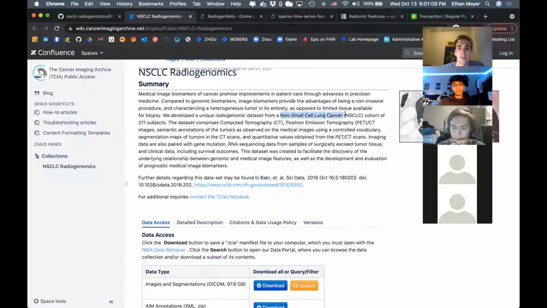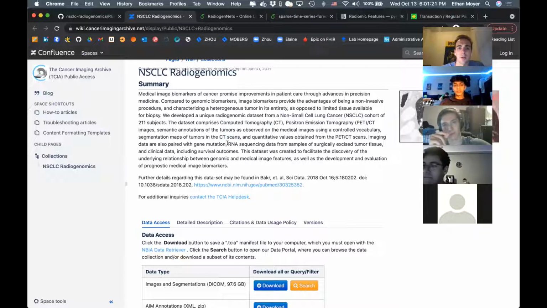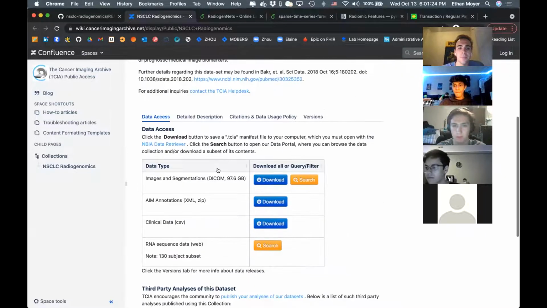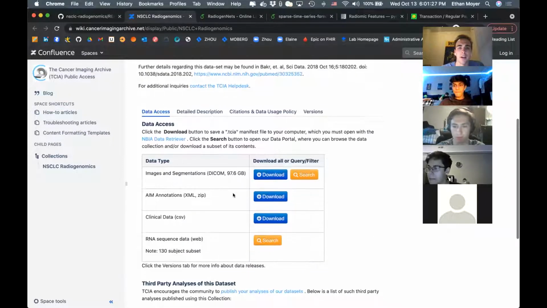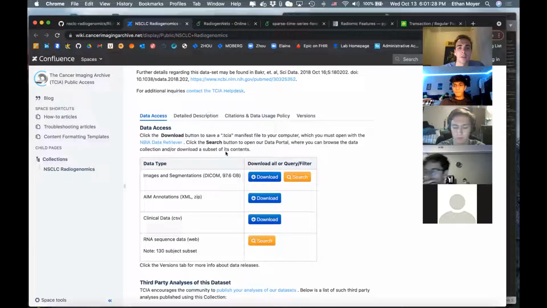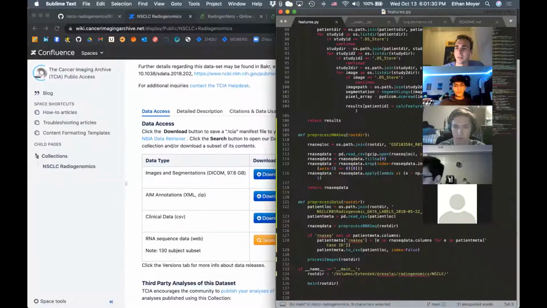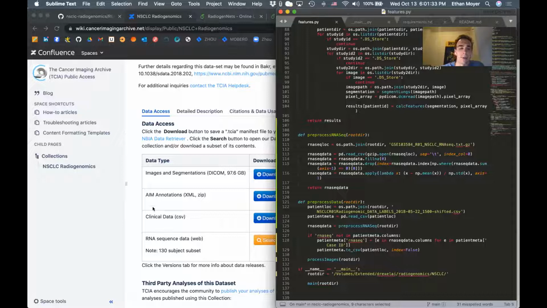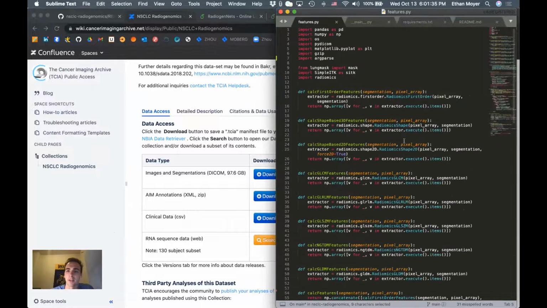Namely, we're looking at non-small cell lung cancer, and the imaging features are in CT and PET CT. We have genotype information, as well as RNA sequencing, and then clinical information as well. Data can be viewed right here.